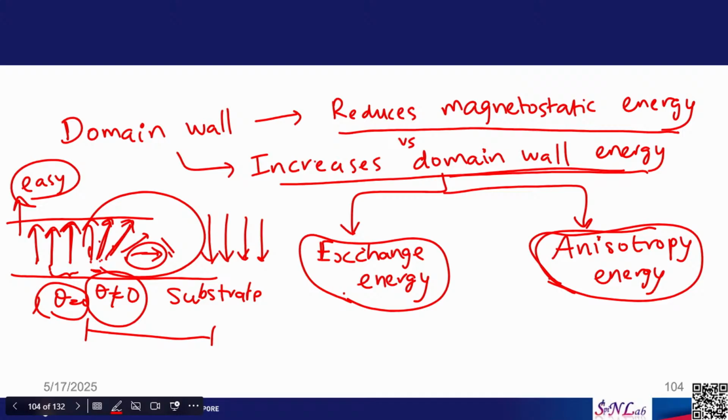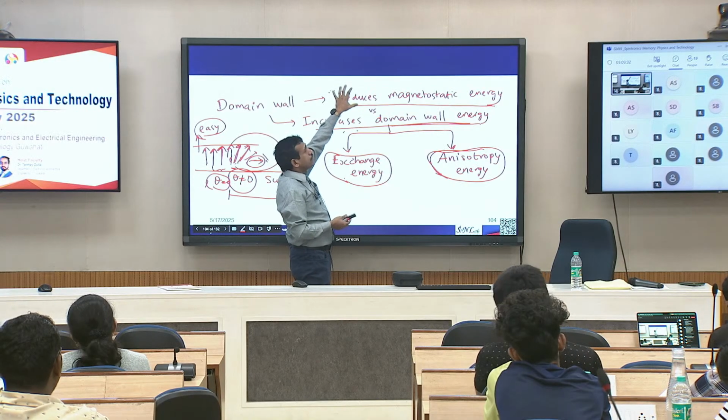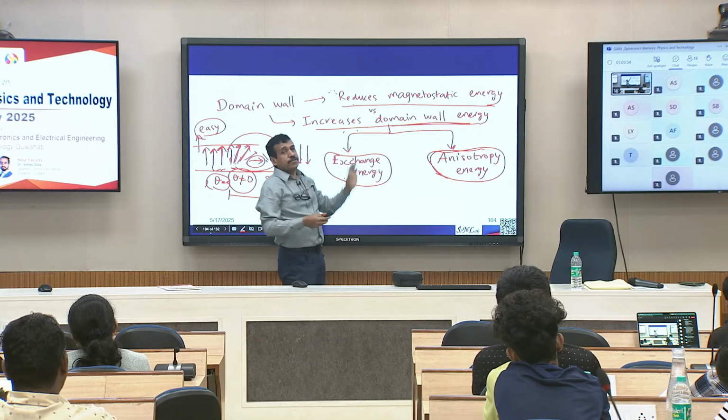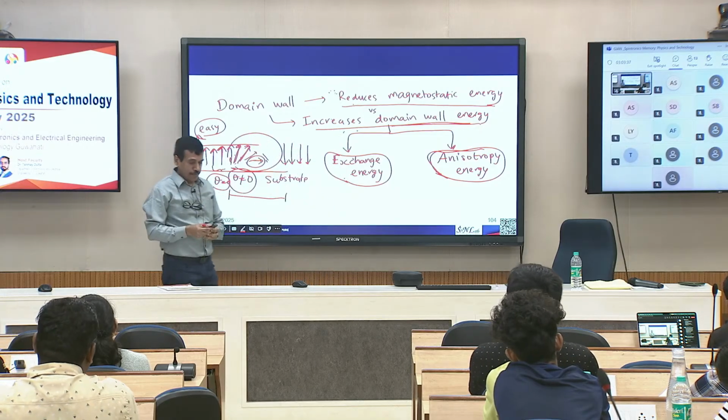Suppose in a system the formation of domains reduces the magnetostatic energy drastically compared to the domain wall energy, then the system will form domains. Suppose by forming domains you increase the domain wall energy more than the reduction that you can gain from the magnetostatic energy, then the system will not form domains.